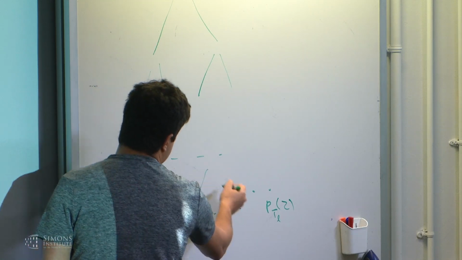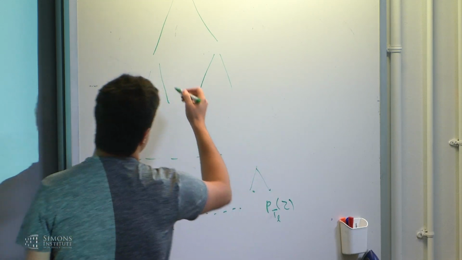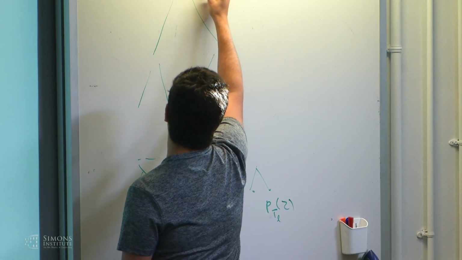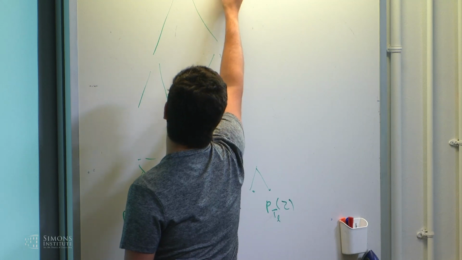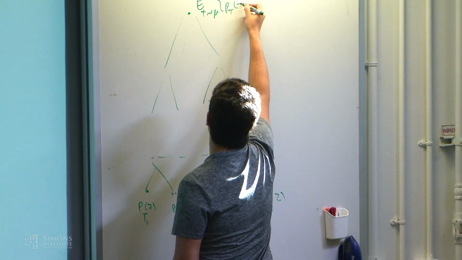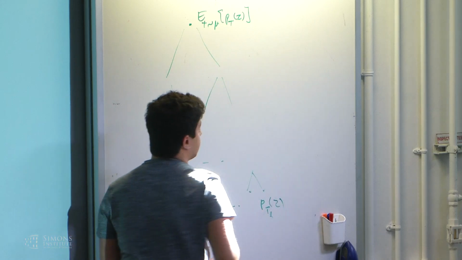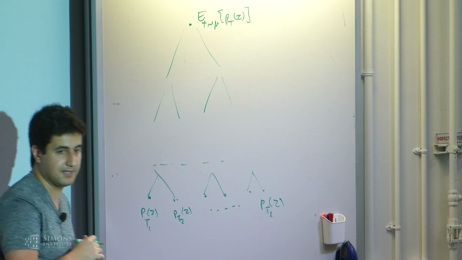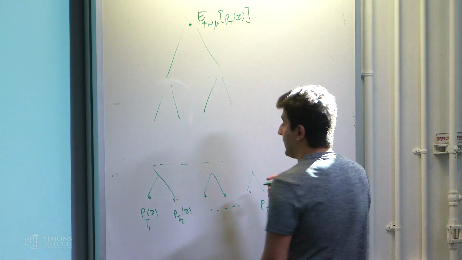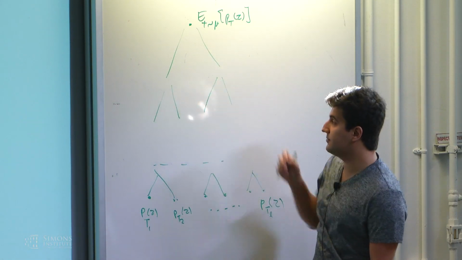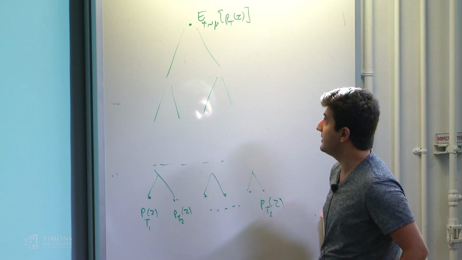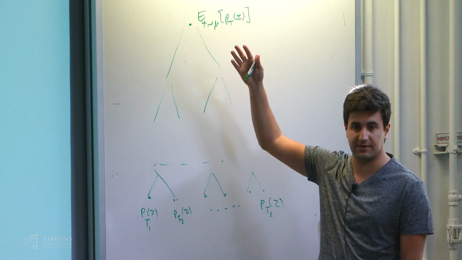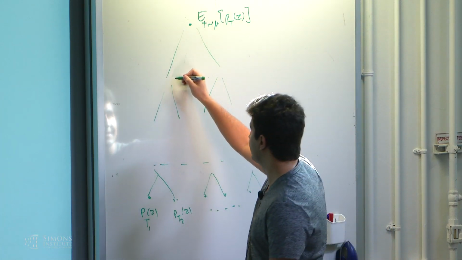And you have this distribution that takes averages of these things, and at the top you have the expectation over T selected according to mu of P_T of z. So this is the same tree we had in the beginning. The way you build this tree is basically by conditioning on whether or not each edge is inside the tree or not.